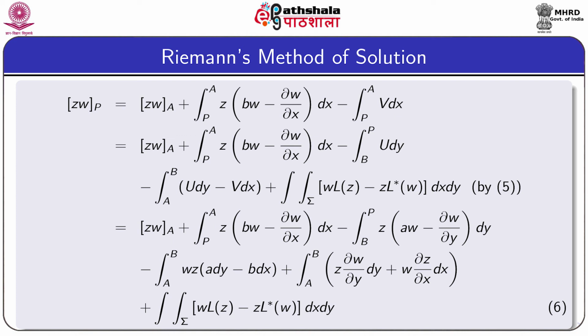So, using relation 5 we are substituting the value of the integral of v dx from P to A. After that substitution the value of zW at P becomes this, which is written in equation number 6.